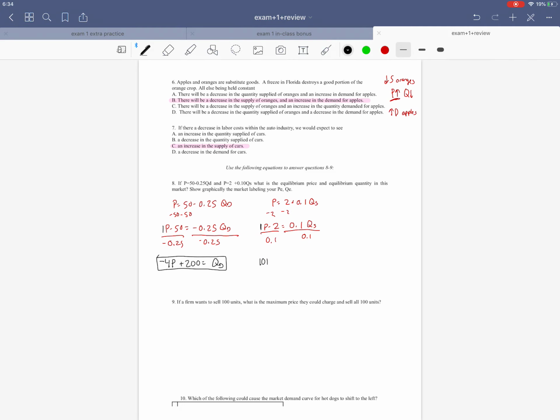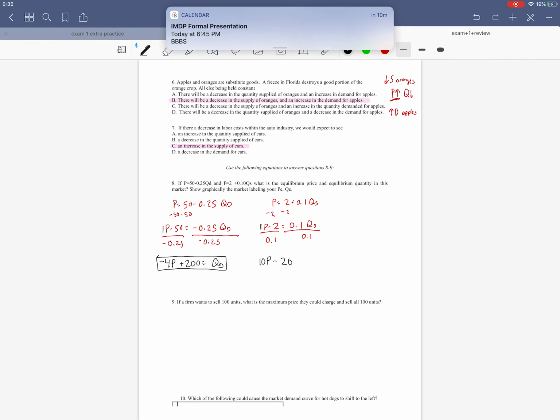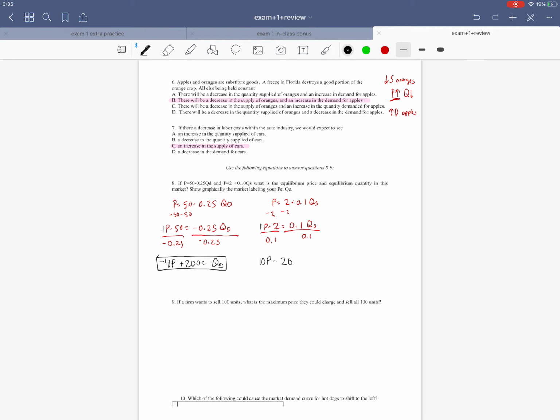So we have 10P. And then if we take 2 divided by 0.1, that is going to give us 20. So 10P minus 20 is going to be equal to QS. And we have our supply equation.